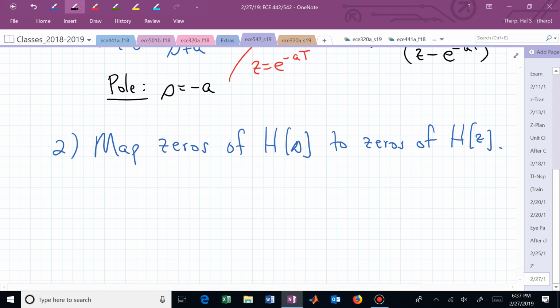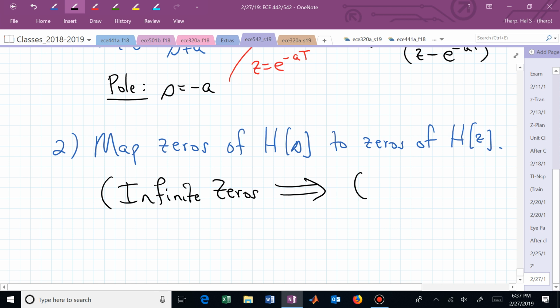And if we have infinite zeros, those get mapped to z plus 1 factors in the numerator.